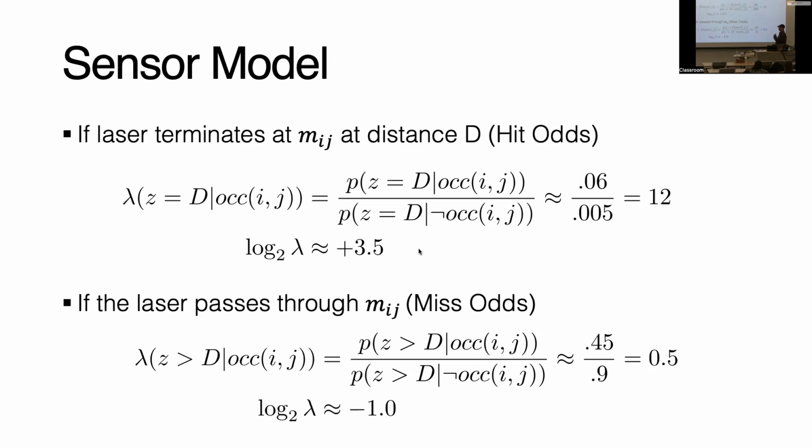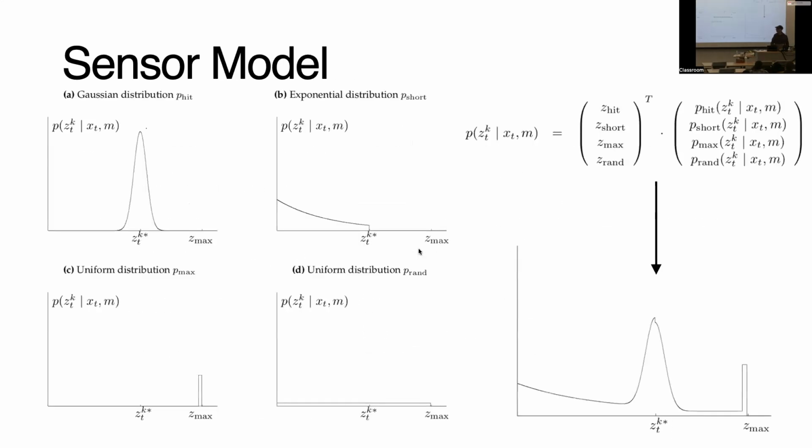So our laser hits a wall, bounces back, we get a range measurement. Then we can say, okay, at that point in our map, we're going to increase our log odds by 3.5 because we have a new sensor measurement that says that that's occupied. But we're not 100% confident that that's occupied because there's other ways that we can get that range reading.